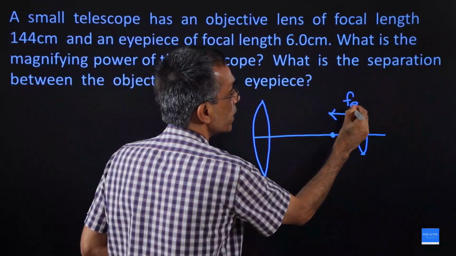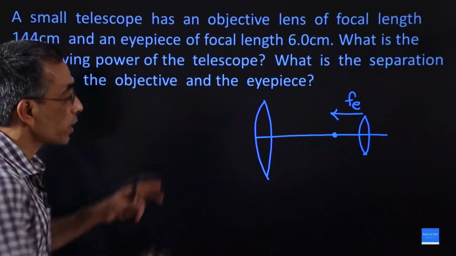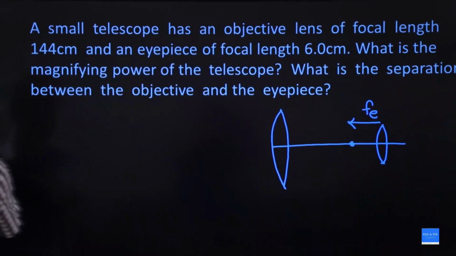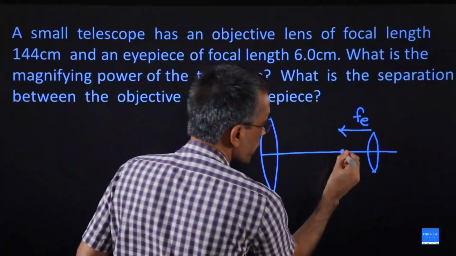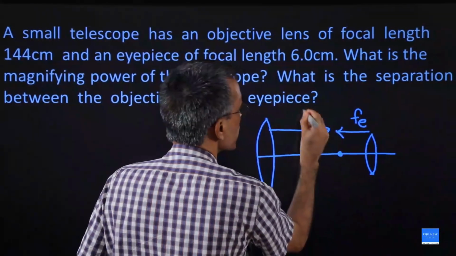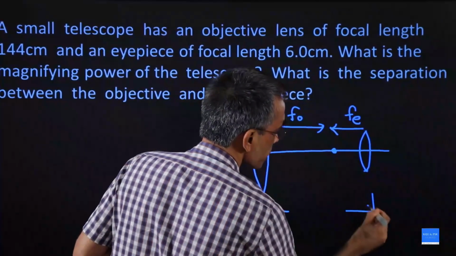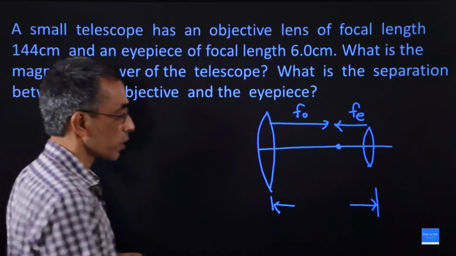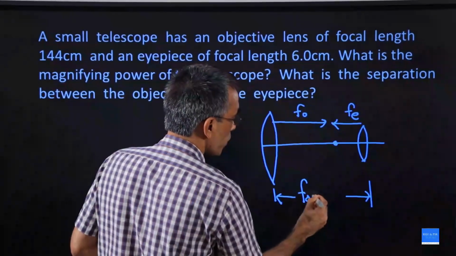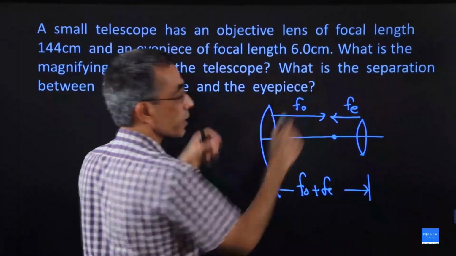So this distance must be f eye lens, and the object is at infinite distance, so the first image will be formed here. So this distance is what we call f of o.